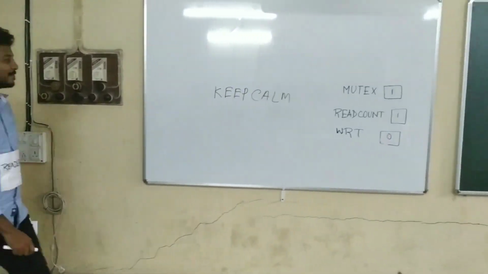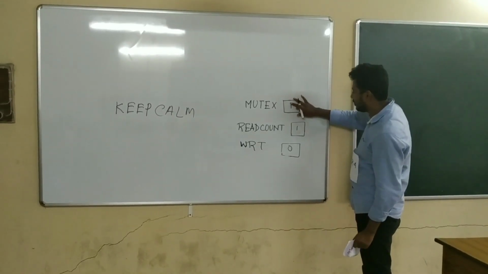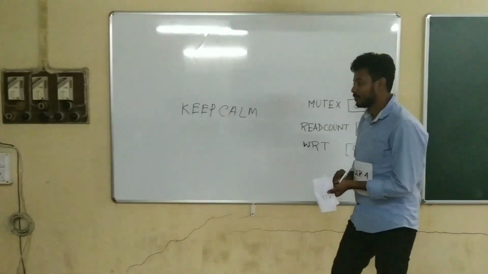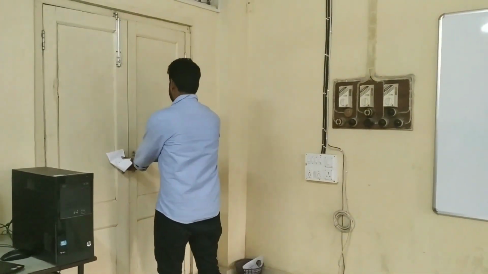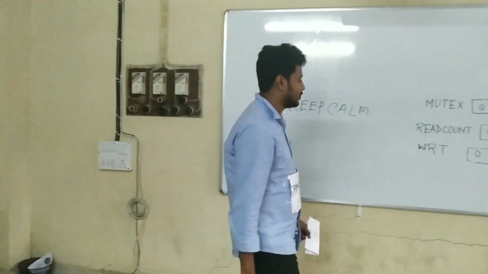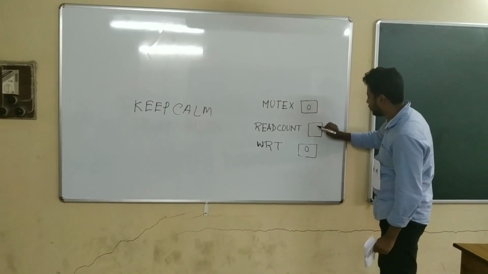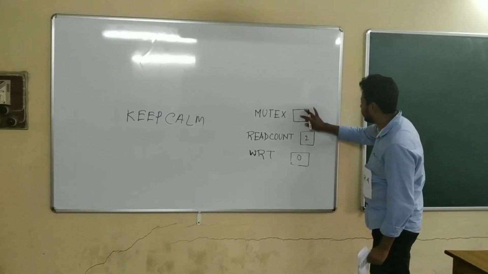Now reader 4 comes to read and changes the mutex. Increments the read count and changes the mutex again.